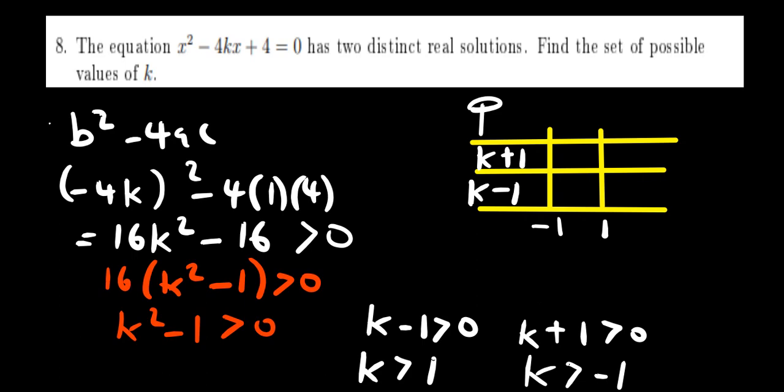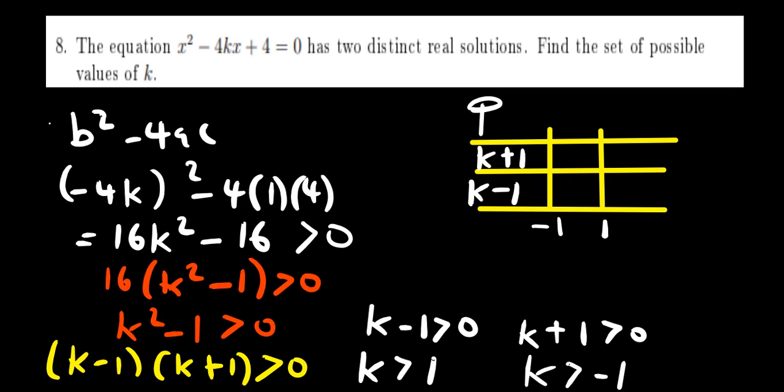Our expression was, because we had done the difference of two squares, k minus 1 times k plus 1, and this should be greater than 0.